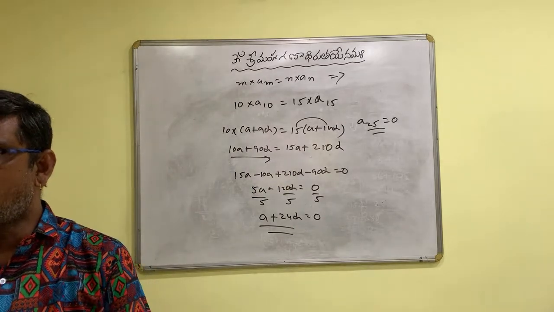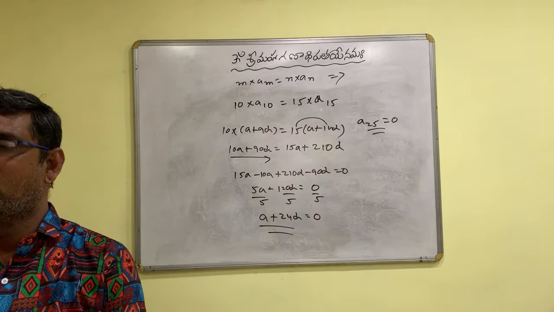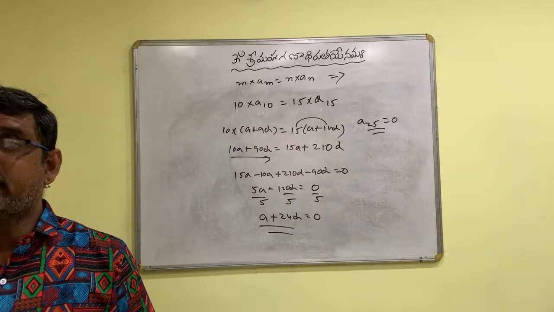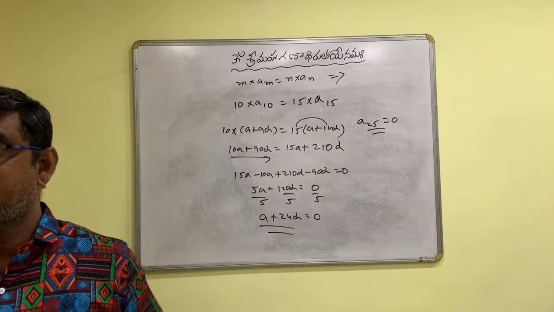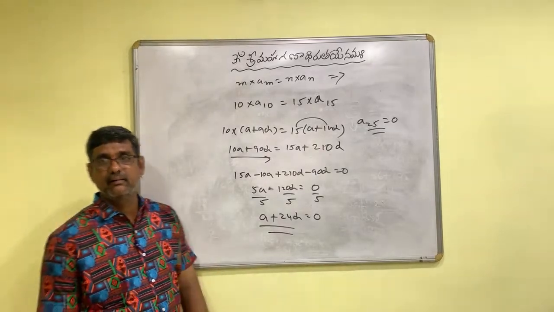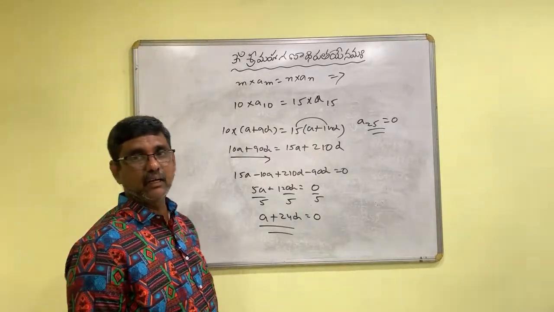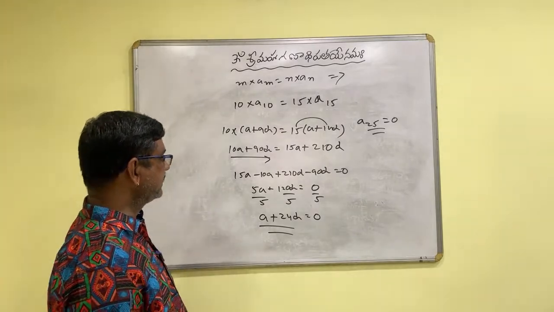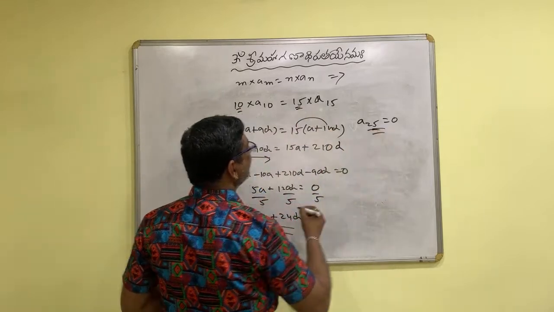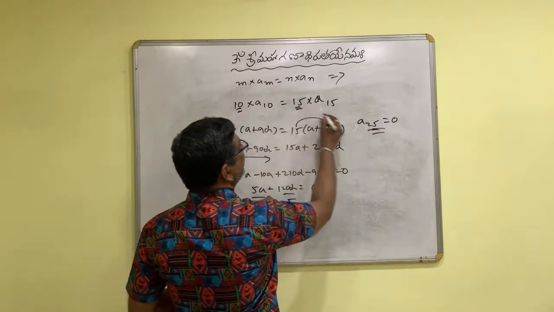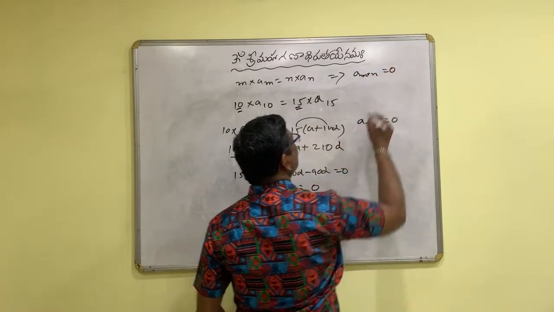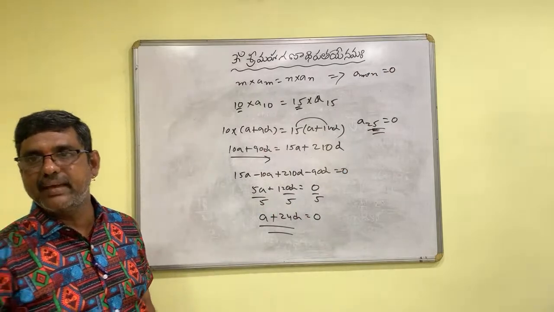Which term is 0, Shanvi? The (m plus n)th term is 0. See, 10 plus 15, 25. So the (m plus n)th term is 0.